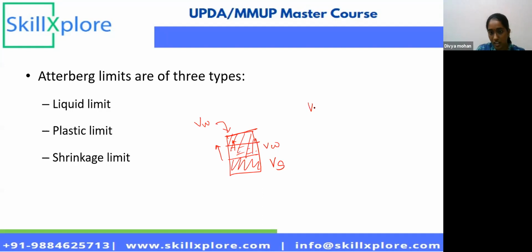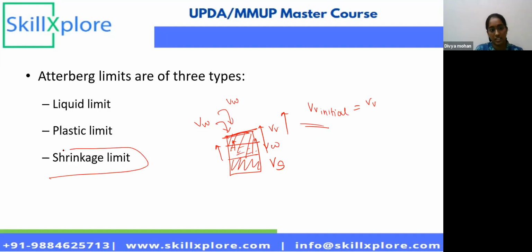So V initial will be the minimum water content, and it will remain as V initial itself. After that, even after adding water, this VV will increase. So the minimum level up to which the soil can be said to be just saturated is called the shrinkage limit.